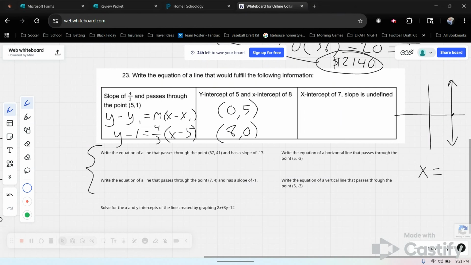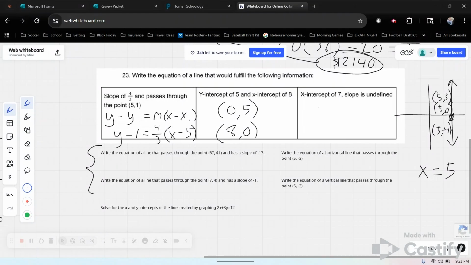Maybe this point right here is 5, 0. This point up here, whether it's 5, 2, 5, 3, or 5, 4, I know it's 5 something. This point down here, I know it's 5, -4 or something, but I know the x value is 5. So a vertical line passing through 5 on the x-axis is written as x equals 5. That's the equation of the line.